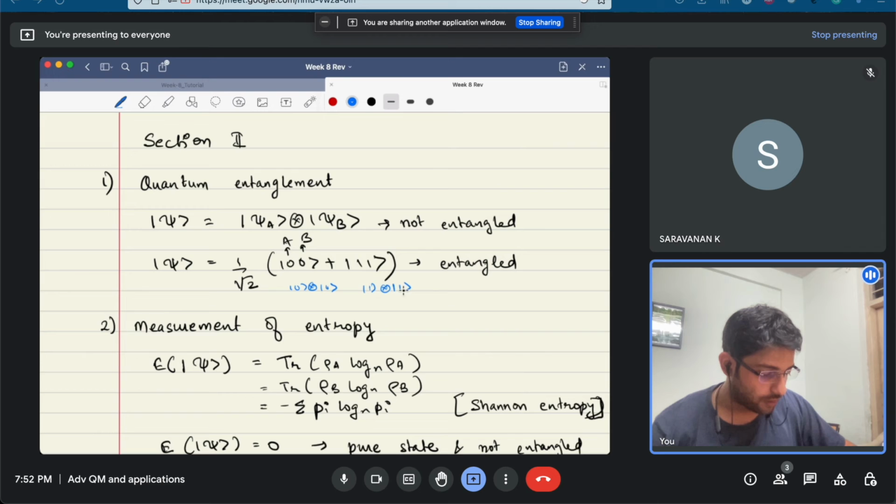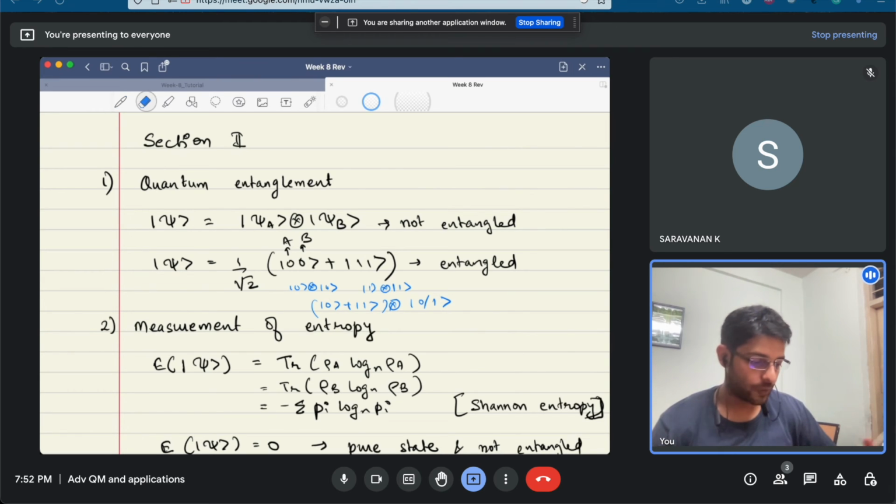So you can't really write it in the form of 0 plus 1 tensor product with either 0 or 1. This is impossible to write in that form, and hence we say that it's an entangled state. You can't really decouple them, they are going to remain coupled forever.